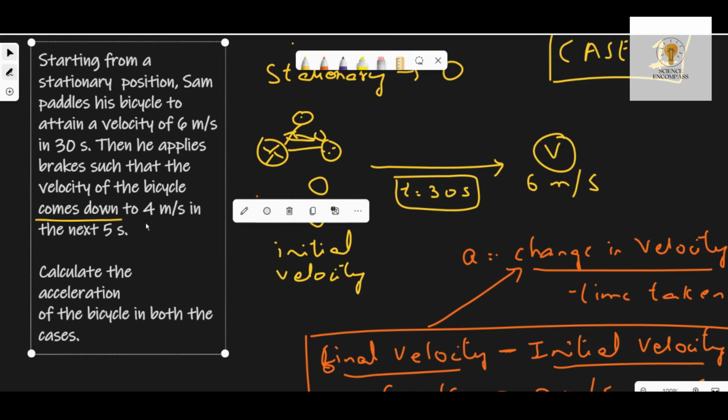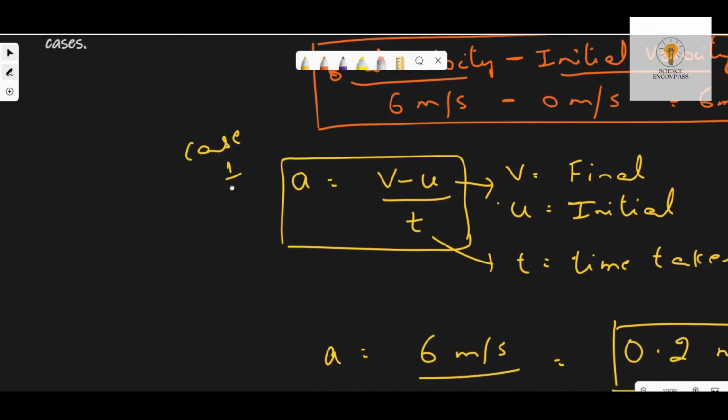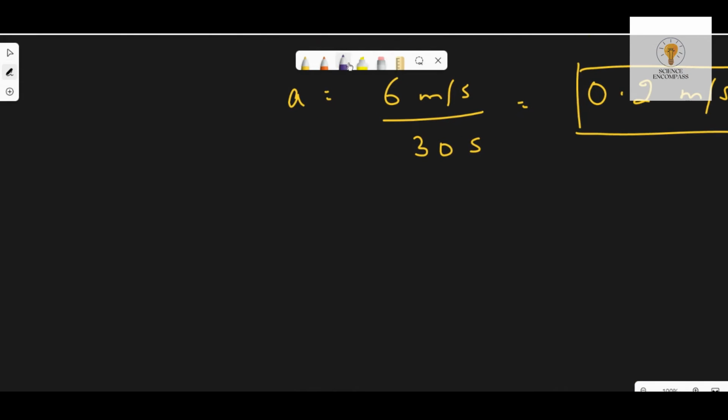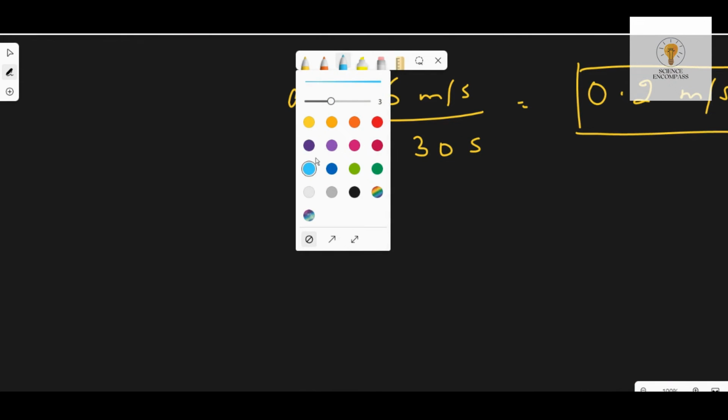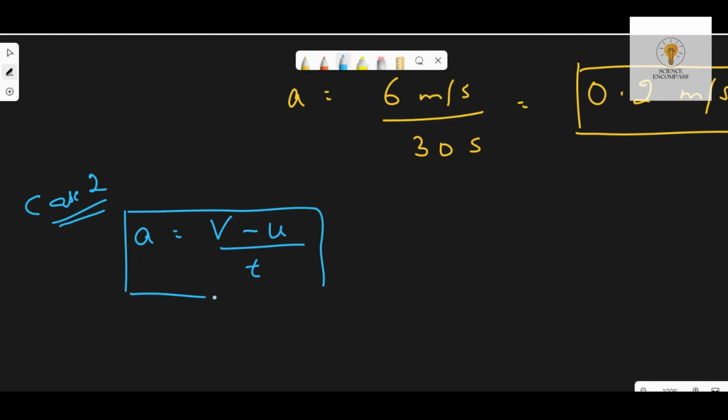So we got case number 2 here. Let me just write that down. Case number 2. In that case, acceleration would be nothing but the final velocity minus initial velocity divided by the time taken. Please remember this formula. It just gets easy if you remember this.